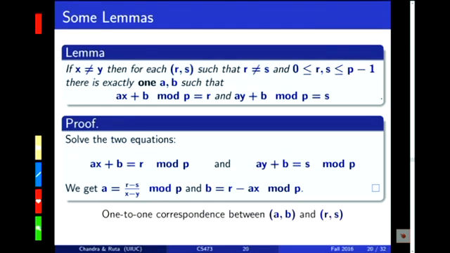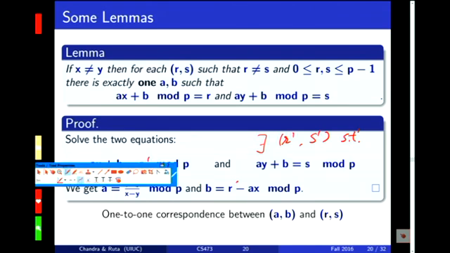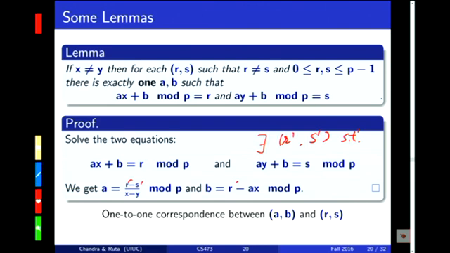So I say there exists another R prime, S prime, such that this happens. So basically I'm saying that I get this. No. Why? If no, then we are getting a one-to-one correspondence.